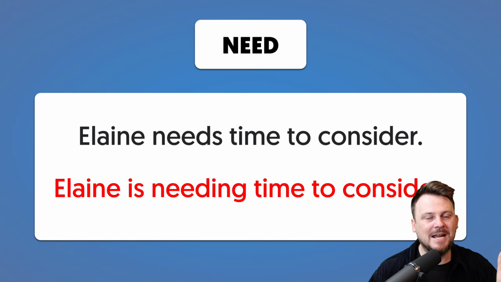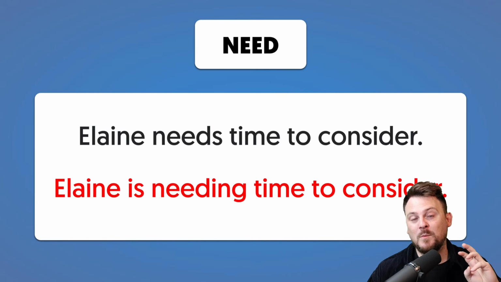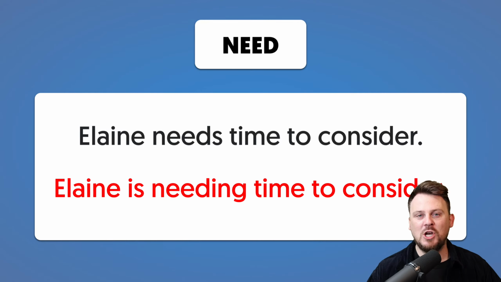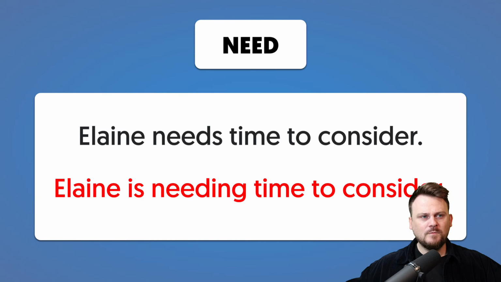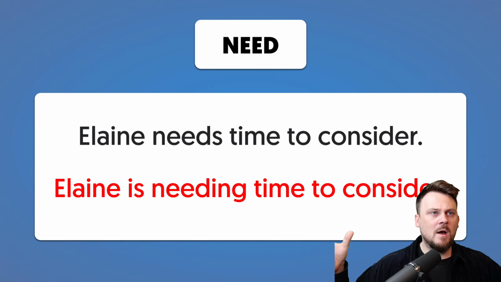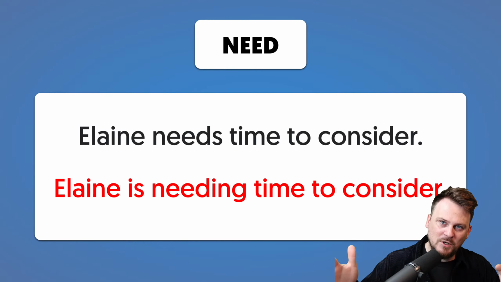Not that need can never be written as an ing or used as an ing. Because you might use, for example, needing as a gerund, which is ing used similar to a noun. For example, needing privacy is normal. Okay, well, that's using needing as an ing, but it's actually needing privacy, the thing we're talking about.